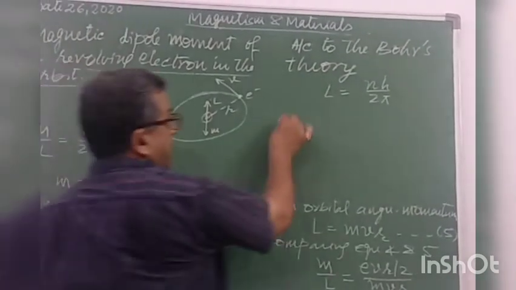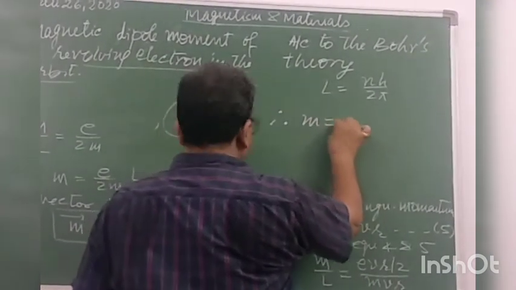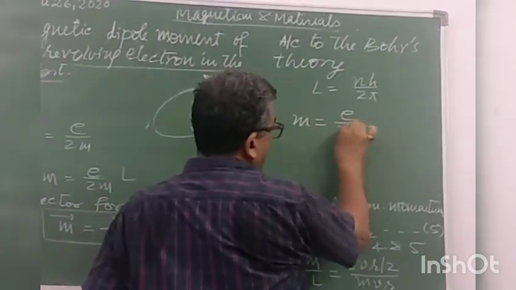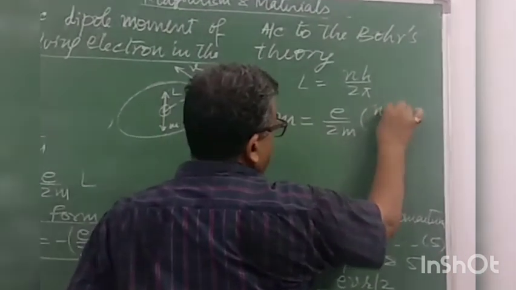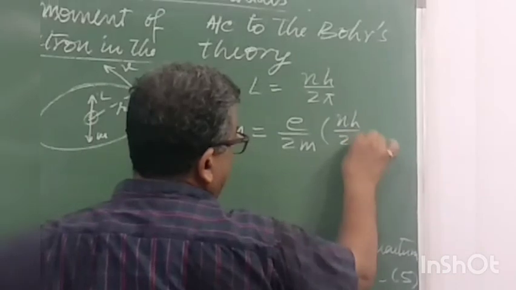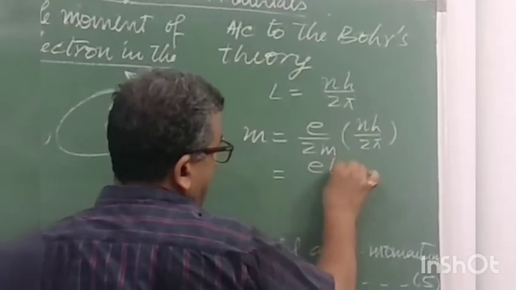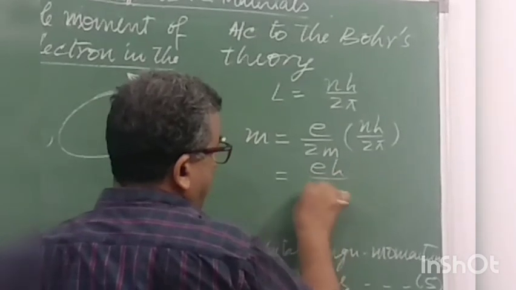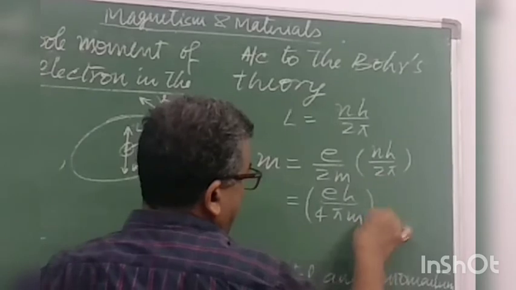Therefore M equals to e upon 2m, and the value of L, that is nh upon 2 pi, or we can write eh upon 4 pi m into n.